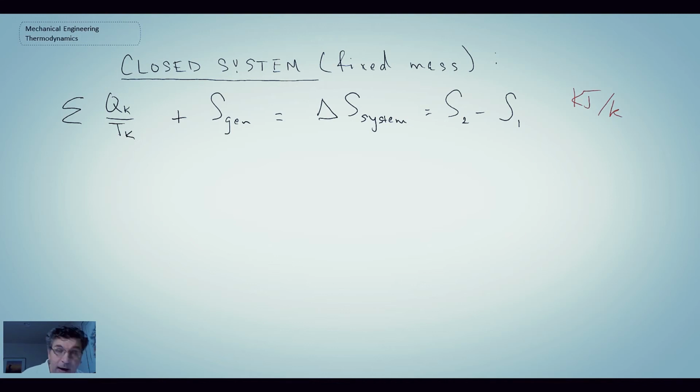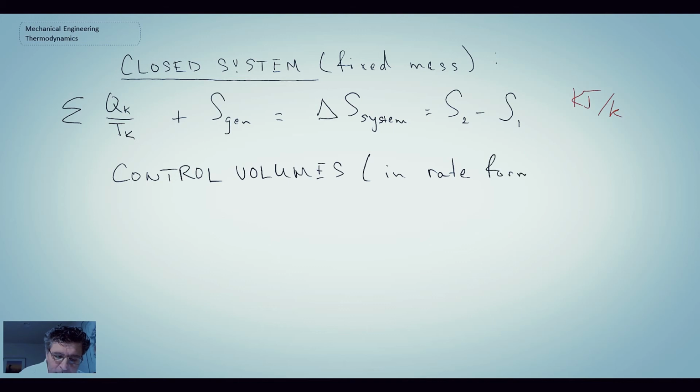And looking at an open system, so the control volume approach where you would have mass crossing the boundary, I'm going to express this in rate form. That means that we will have mass flow rates and heat transfer rates. So that will be in kilojoules per second, and mass flow rates are kilograms per second.